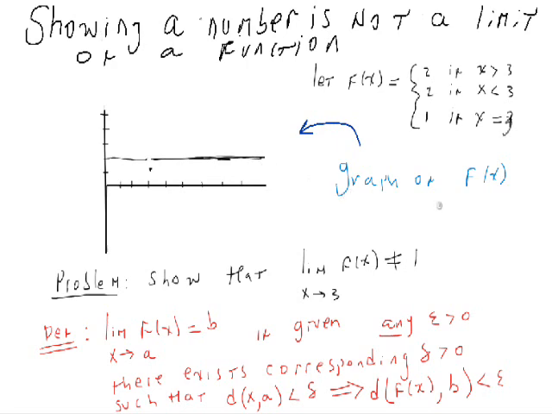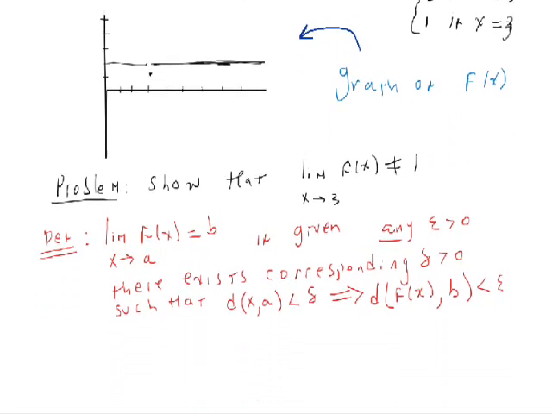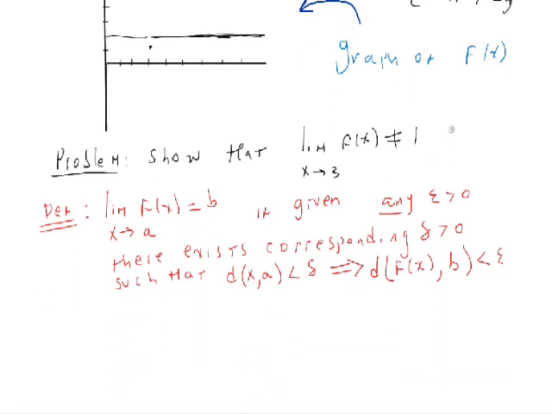So this is the graph of the function f of x. Now, the problem they have asked us to solve is to show that the limit of this function does not equal 1 as x approaches 3. They want us to show this in a rather formal fashion.